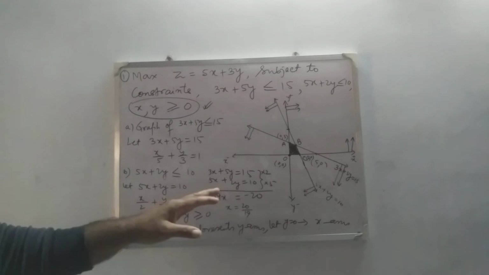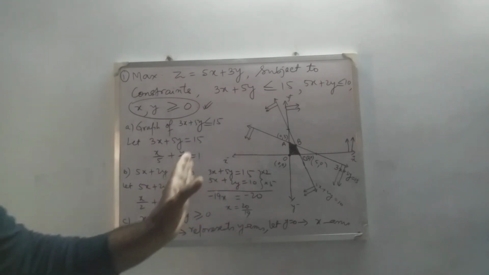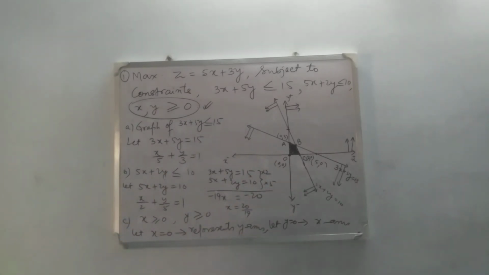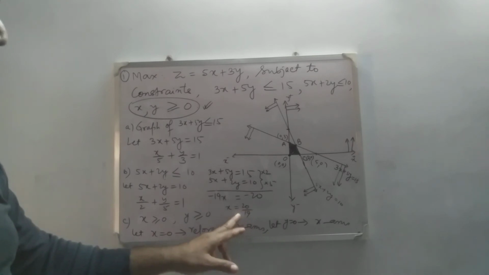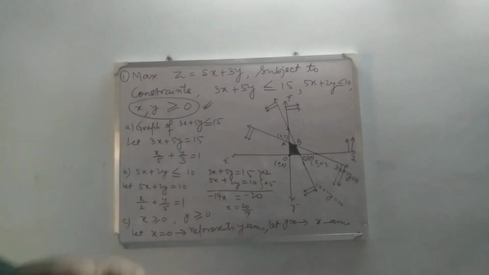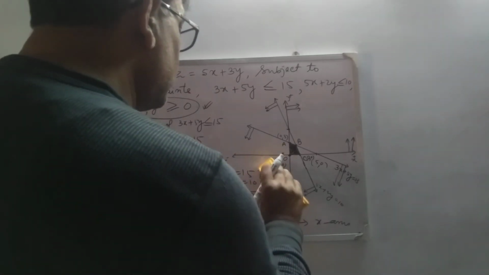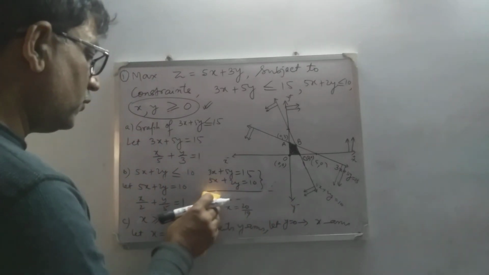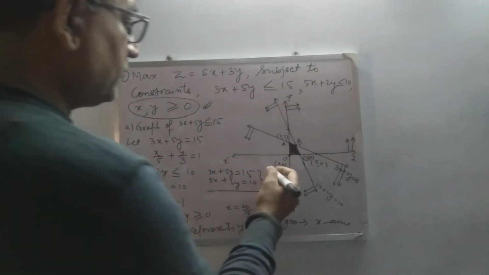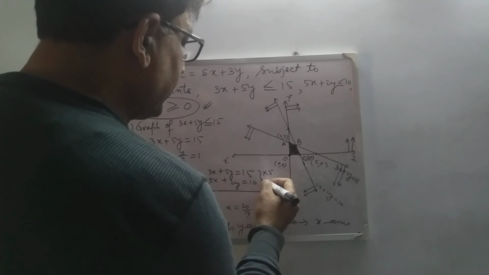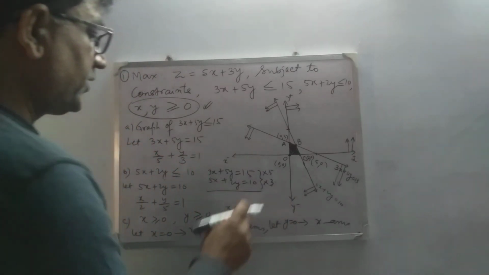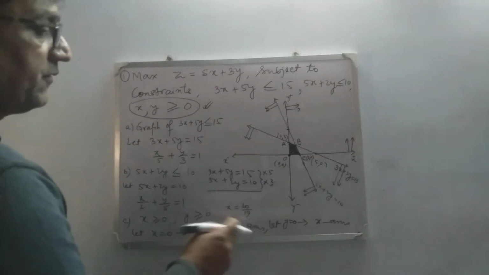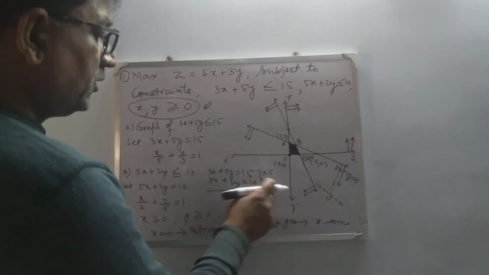Again, if you cancel x, you will get the value of y. Or you can put the value of x here to get the value of y; this will depend on you. I am trying to cancel out x, so we multiply this equation by 5 and this one by 3. Now 15x, 25y, and here 15x, 6y.